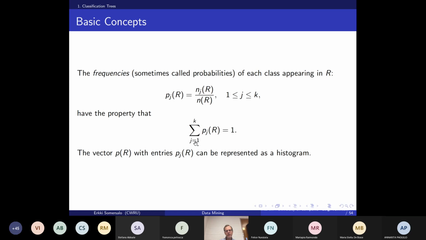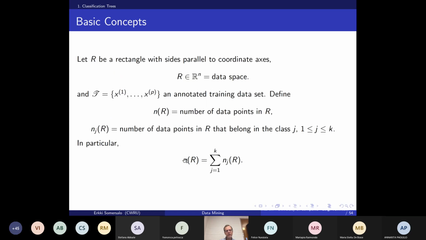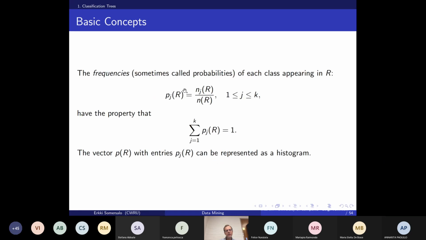Therefore, if I divide this equation by nR, I get 1 equals the sum of nj divided by n. That's what I'm doing here. So you get this pj^R, which I refer to as the frequency of class j. Sometimes people refer to these as probabilities, and this is of course the frequentist concept of probability.